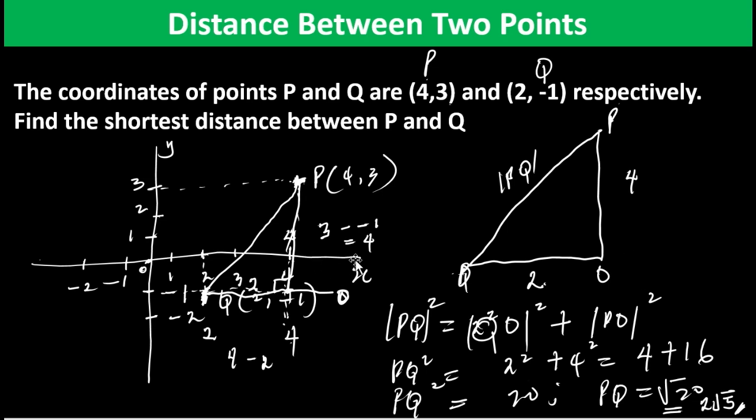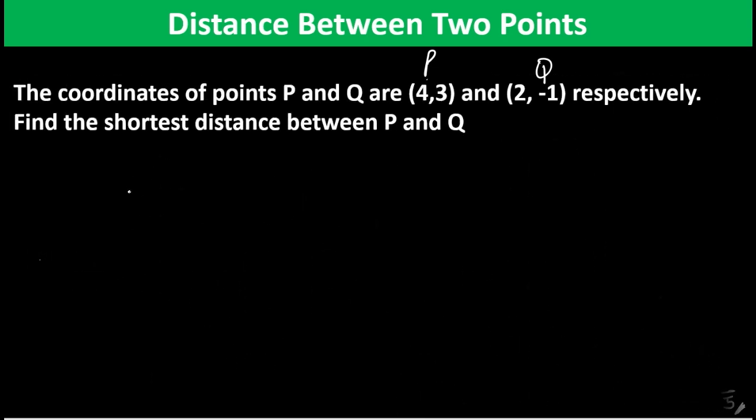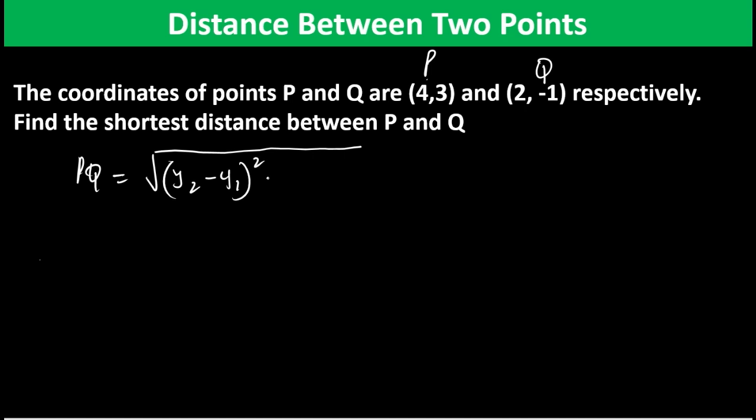Now, let's quickly see the second method to approach this, where I'll be using the formula. The formula says that my side PQ will come from the square root of y2 minus y1 all squared plus x2 minus x1 all squared.